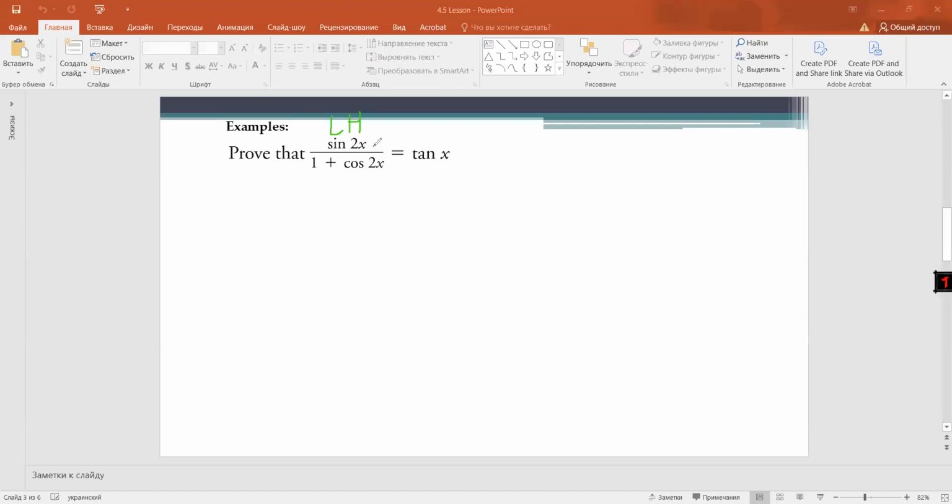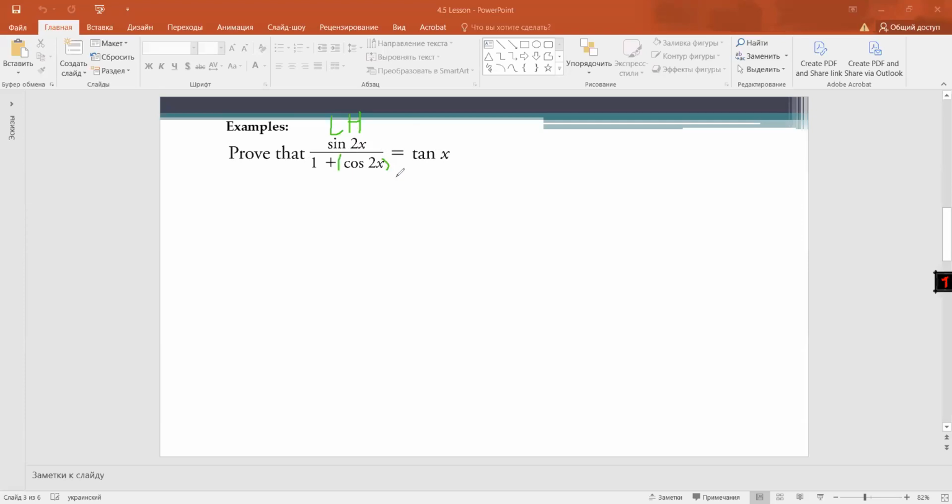Well, obviously it is related because we have 2 times x in the angle definition. So it's a double angle. So okay, sine 2x we're going to take from double angle formulas. Then 1 plus cosine 2x. Yes, of course, we have cosine 2x here, again, a double angle formula.